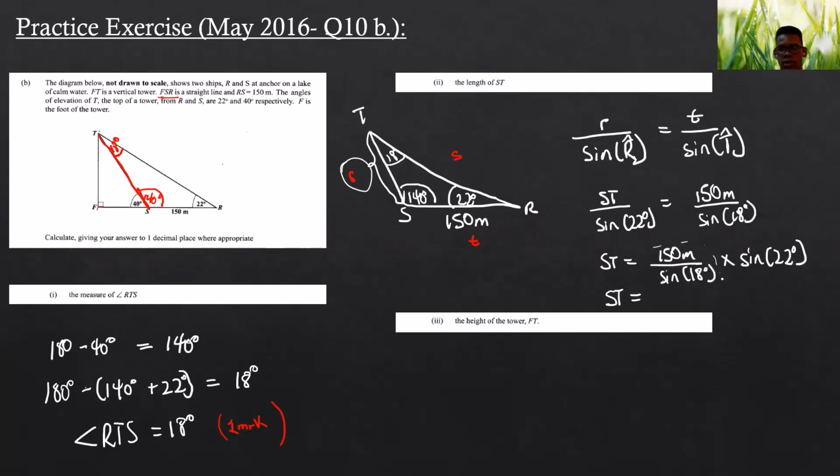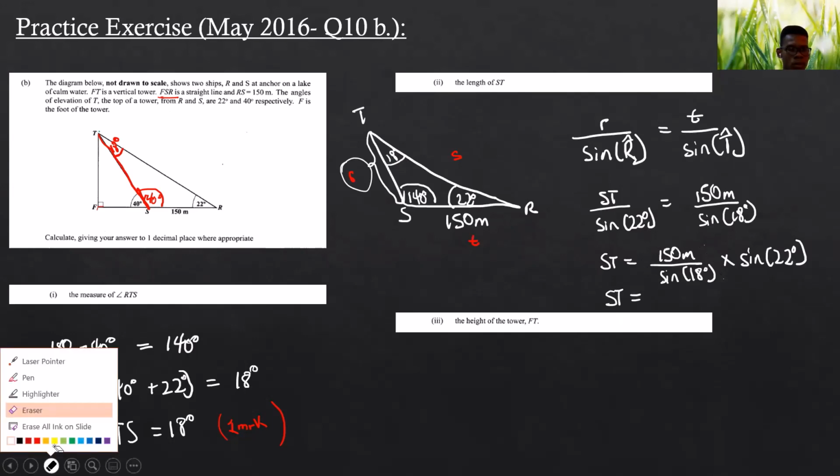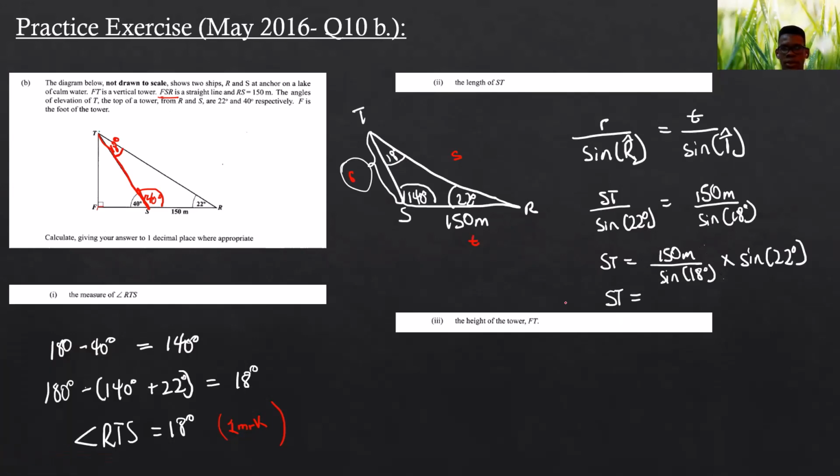You can work this first and then multiply, or you can punch this all together in the calculator. Just make sure you're doing it correctly. So what is ST? I'm waiting.